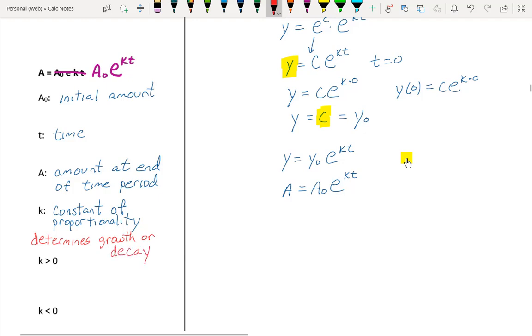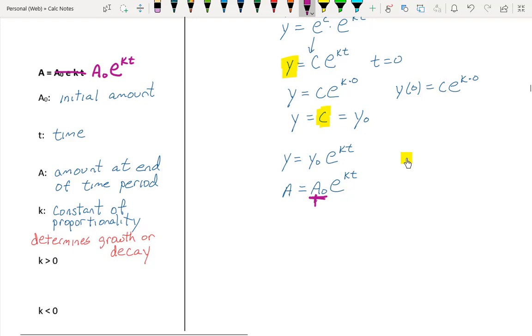Okay, and so if you look at the equation, obviously your a value, your initial amount, will most likely be a positive value, some amount of some kind. So this guy here is always going to be something positive. And then your e value, e to the k times t, that's always going to be positive as well.